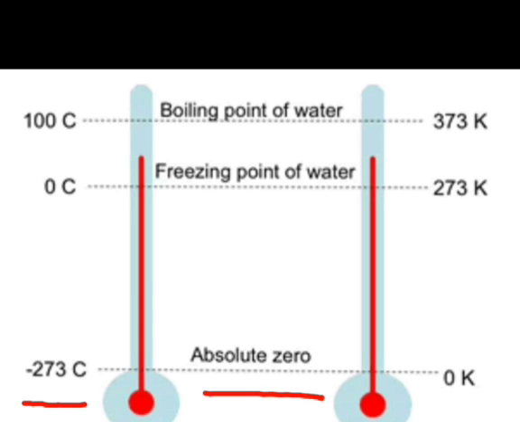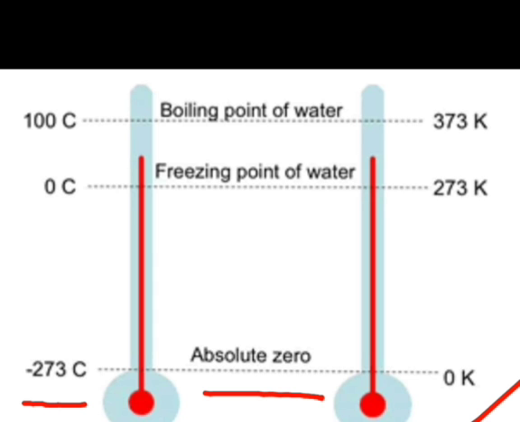It is also where the Bose-Einstein condensate state of matter is formed. So what is absolute temperature? Below 0 degree Celsius and below 273 Kelvin, the temperature of minus 273 degrees Celsius is absolute zero in the Celsius scale, and 0 Kelvin in the Kelvin scale.